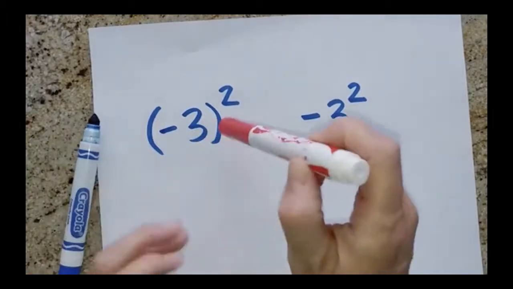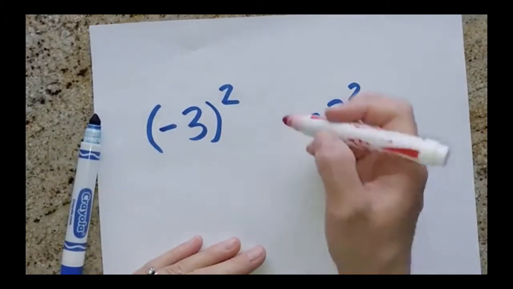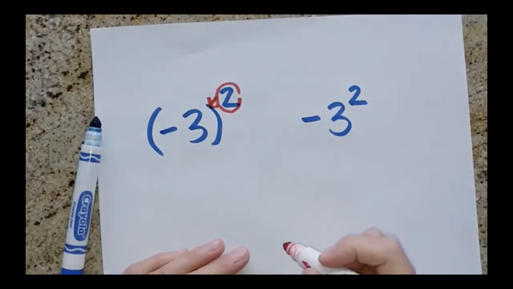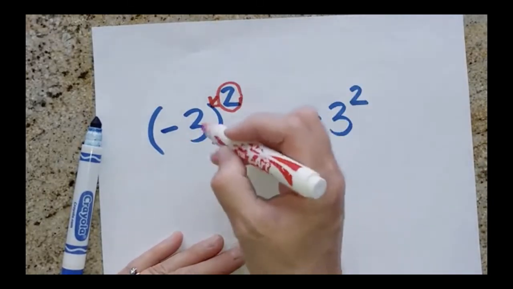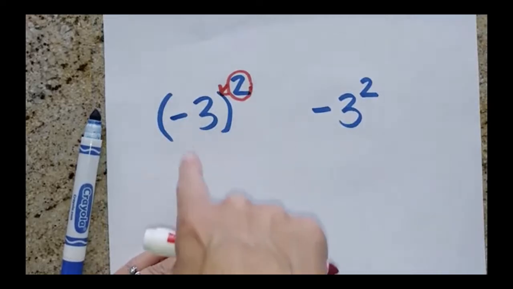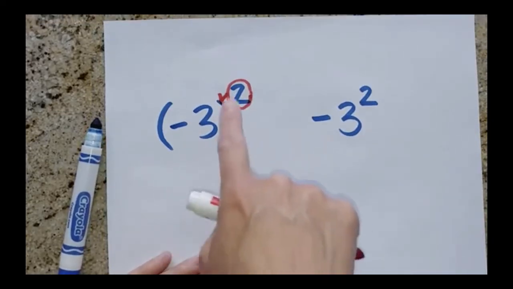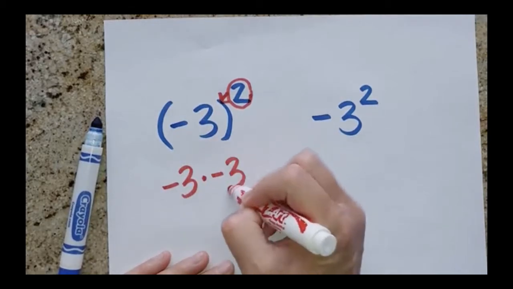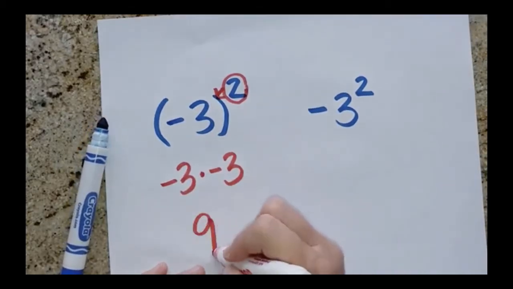The exponent applies to whatever it's touching. Because the exponent is touching the parentheses, it applies to everything inside of the parentheses. Therefore, this power would mean -3 times -3, which is +9.